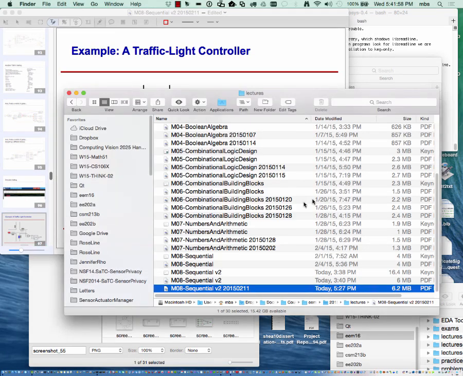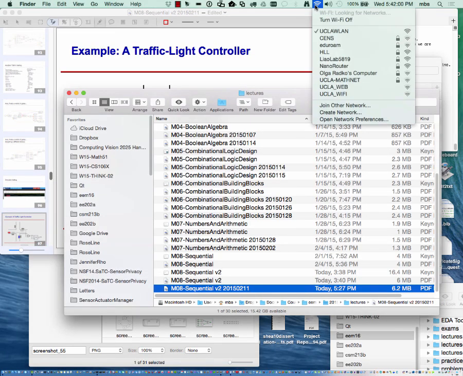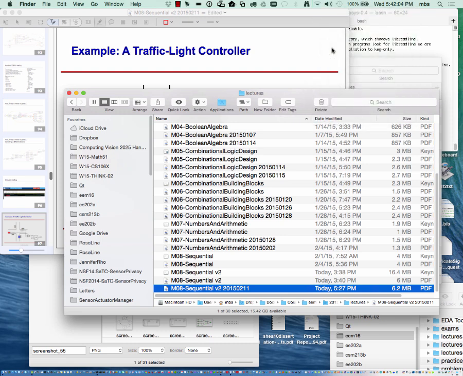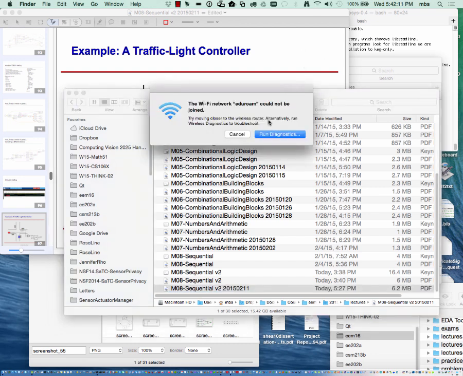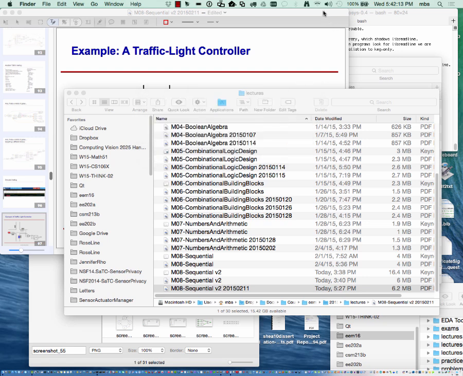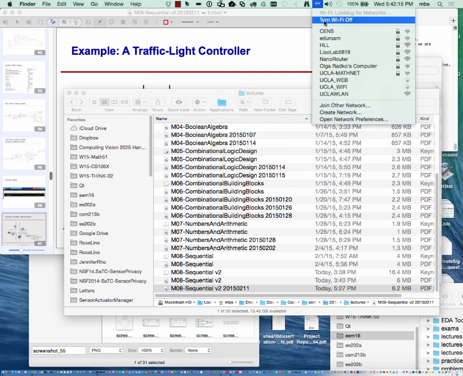And if I am successful, then this should go well. Let's see. So let me switch to EduRoom, because I'll need website access. Shucks. You can run VPN on the wireless. Yeah, that's what I'll do.